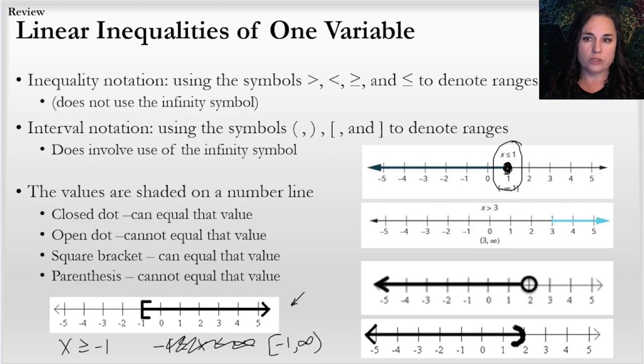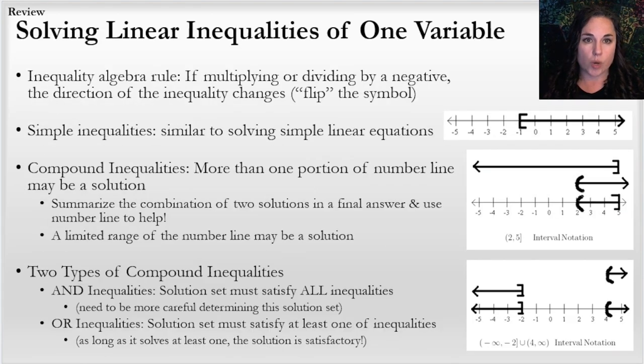We're going to move this into 2-dimension, but I want to ground in what you already know about solving linear inequalities in one variable. We're going to move to 2 variables here in a second, but you already know about one variable linear inequalities, hopefully. I'm going to remind you also of the inequality algebra rule.